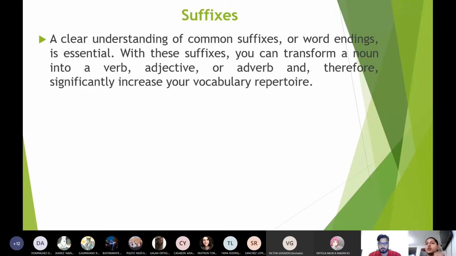And not only are you going to increase the number of words you know and are familiar with, but you will also be able to communicate in a more, let's say, natural way, in a more suitable way.